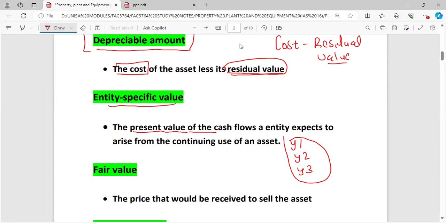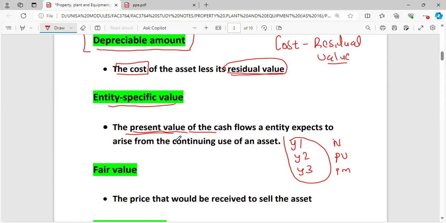I think we understand how we bring them to present value, where we say N, PV, PMT, then we use the financial calculator to bring to present value.